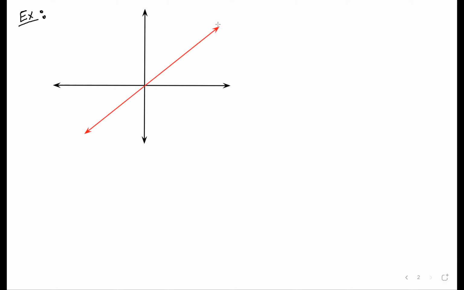So the example now, suppose I have these graphs of the function f. So I have two graphs. The first one looks like this.